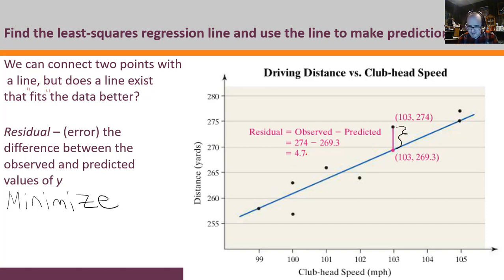But when I say fits the data, that's with regards to these residuals. That's the error, or the difference between the observed and predicted values of y. In this case, that will be between this data point, the observed value, and the corresponding point on the actual regression line. Notice how there's a difference there.